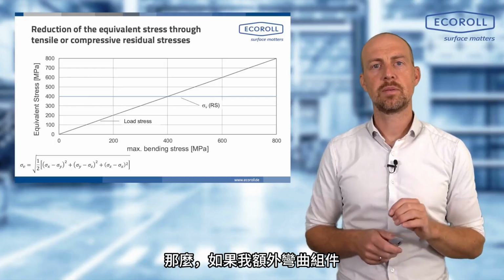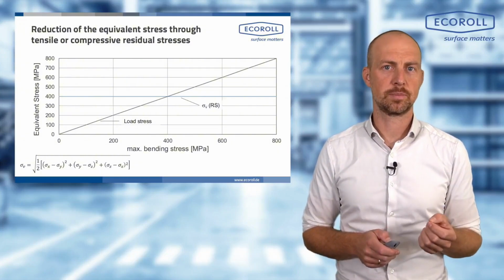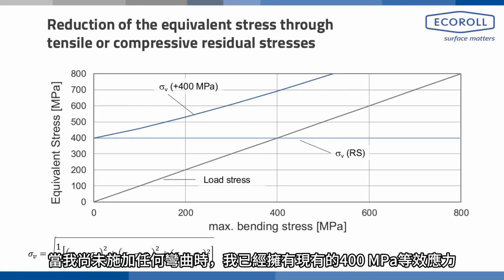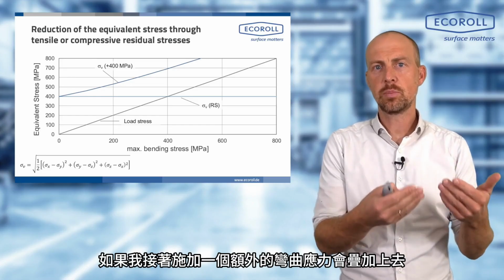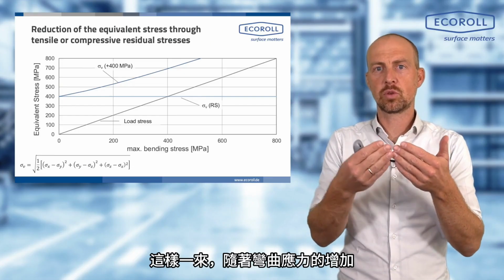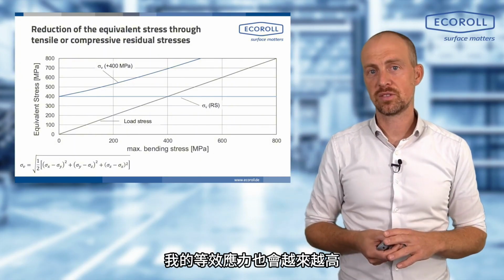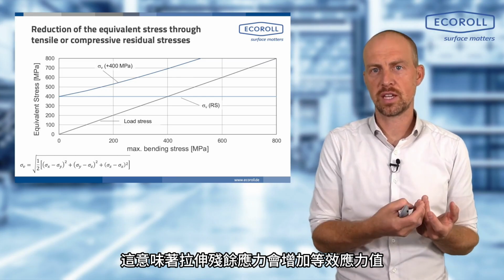So what happens if I additionally bend the component and only have the tensile residual stress case? Then I have, as shown here, at the zero position, meaning when I haven't applied any bending yet, I already have the existing 400 MPa equivalent stress. If I then apply an additional bending stress, it gets added on top. And so to speak, with increasing bending stress, I get more and more equivalent stress. That means a tensile residual stress increases the equivalent stress value.